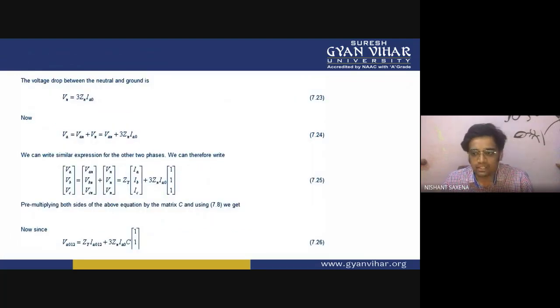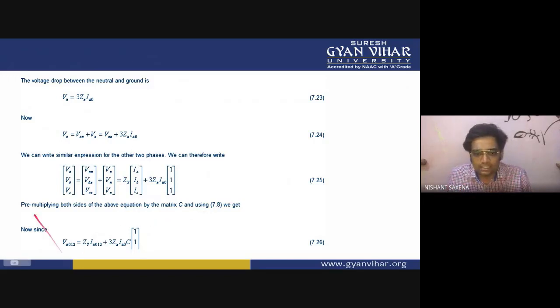So if I substitute 7.23 in the 7.24 equation, we will get that the phase voltage is equal to VAN plus 3Zn IA0. Similarly, we can write these equations for the other two phases, that is phase B and phase C.